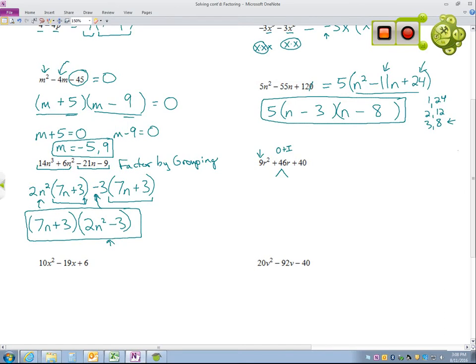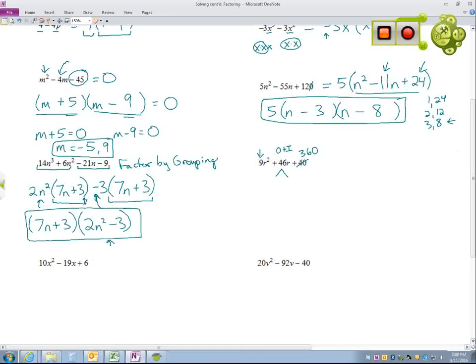We're going to start by finding a new product. Instead of 40 being the product, like on the last ones, where we just used the last term, I'm going to take this and multiply it by the first term. So instead of a 40, I'm going to look at that as 9 times 40, which is 360. And it's okay if that number gets a little bit big.